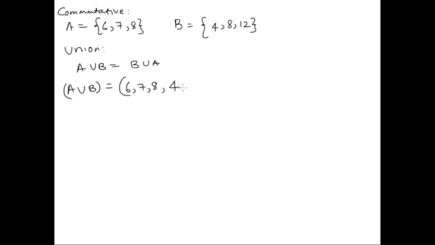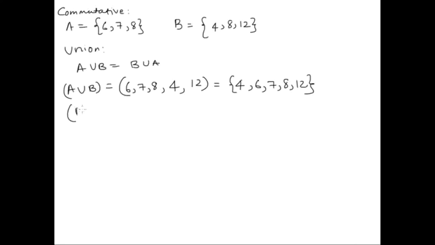So 8 is common, so let's leave out 8 and add 4 and 12. Actually I should put these braces instead of these. If you want to write this in ascending order, it is {4, 6, 7, 8, 12}.